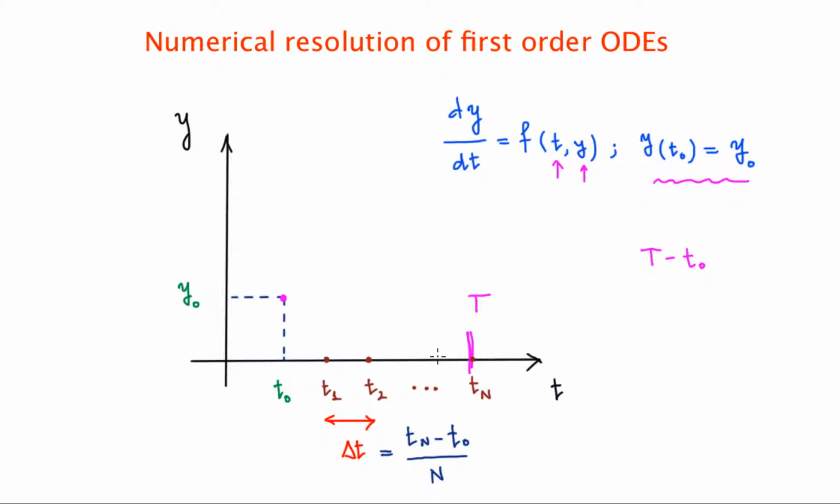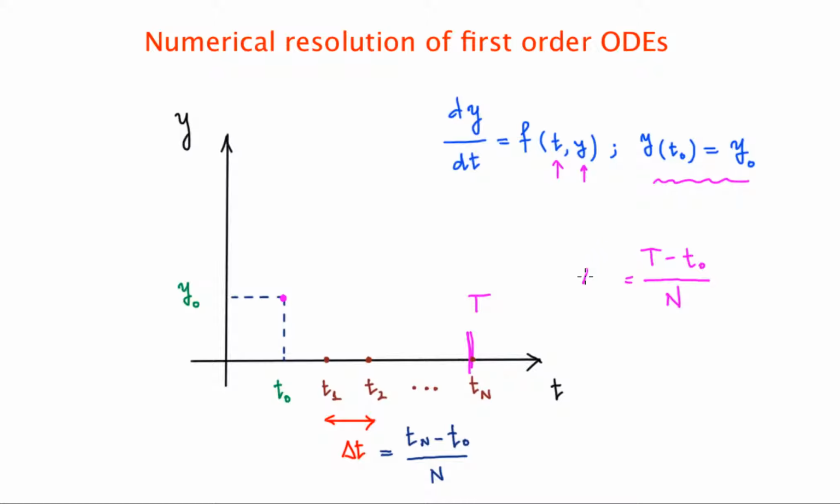And first you have to predefine how many time intervals you are going to define in this time interval, which will define the mesh that you are going to consider for the time variable. So let's consider we're going to define n intervals.